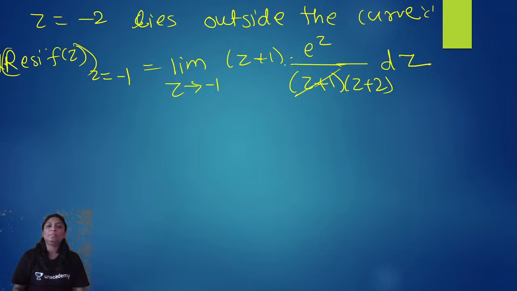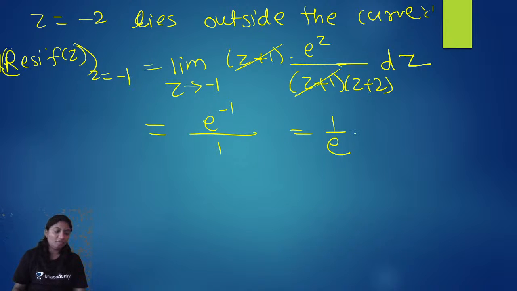Z plus 1 and z plus 1 cancel out, so we get e raised to minus 1 upon minus 1 plus 2, that is 1 by e. Residue of f of z at minus 1 is 1 by e.